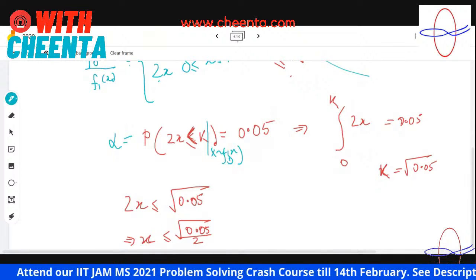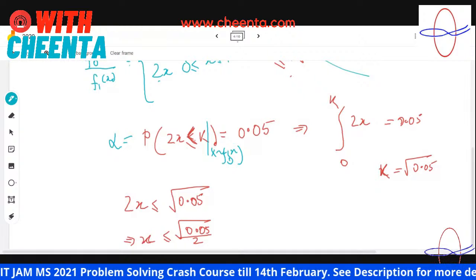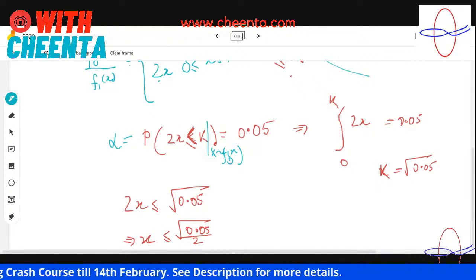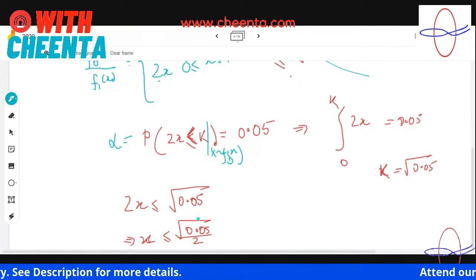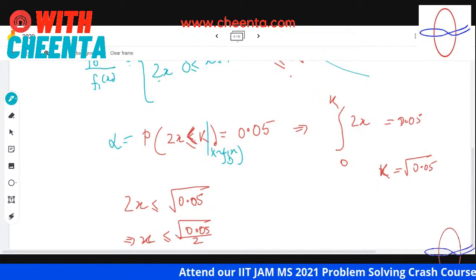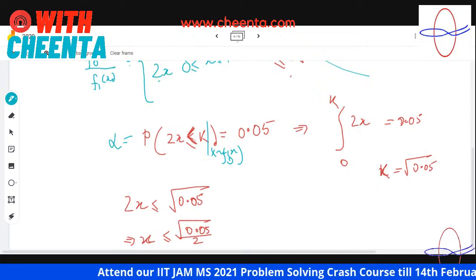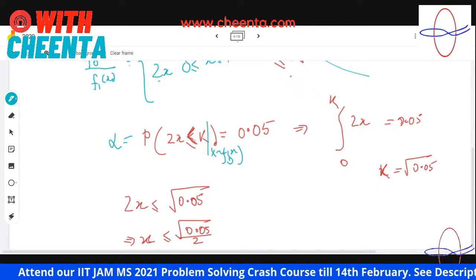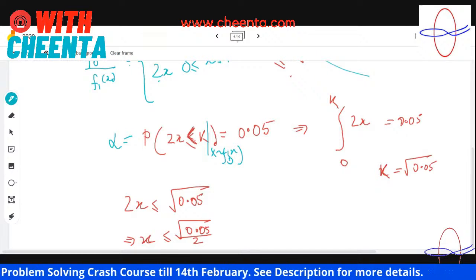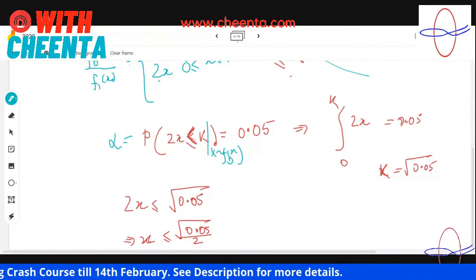It's twice x, right? Probability twice x less than or equal to k, 6 less than or equal to 0.05 by 2, right? Am I doing something wrong? Let's check.